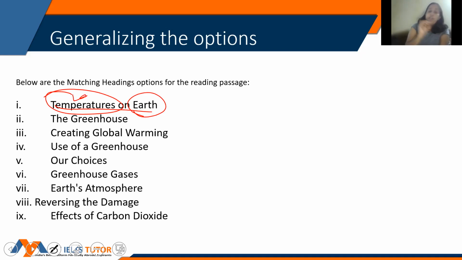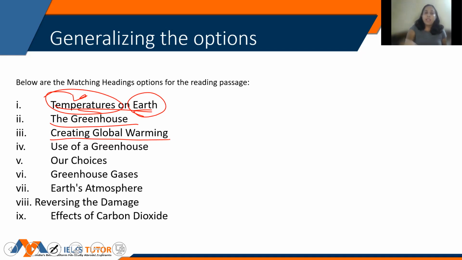So we need to understand that all the keywords are fulfilled. In a paragraph in which they're talking about temperature, of course, they can talk about hot, humid, or variable climate, or varied temperatures. So this information could be mentioned. Greenhouse, storage of heat, they might be talking about. Creating global warming, they might be talking about certain actions due to which global warming is happening.